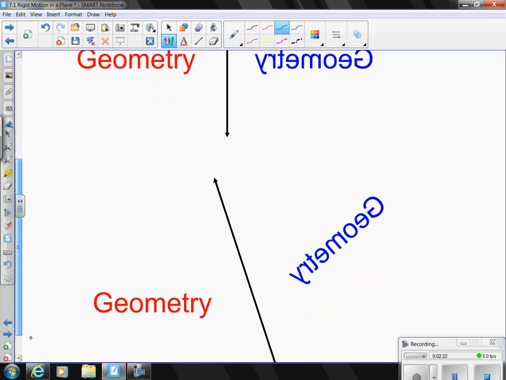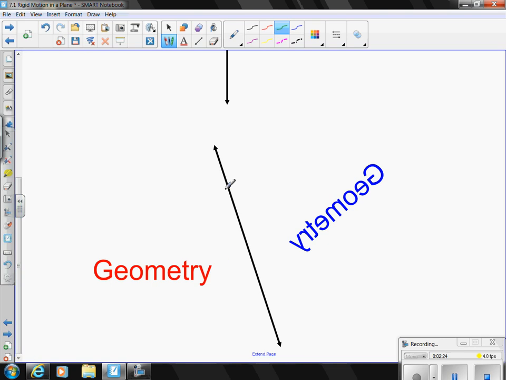Okay, so when you do a reflection, you always have some sort of line that you're reflecting the image over. And as we get into the later chapters, we'll talk about how you actually make a reflection. But notice these lengths, and this length is going to be the same. This length and this length are the same, and these are right angles. So we'll actually be able to do this by hand.